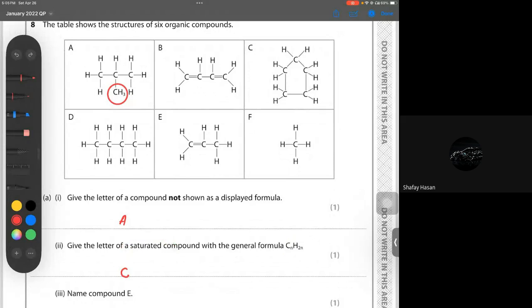Saturated means a single bond, but it's following the general formula for alkene, so of course it's a cycloalkane. I'm supposed to write C. This is the general formula for both alkene as well as cycloalkane.